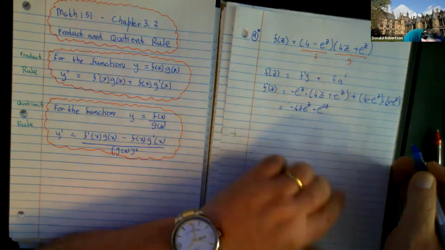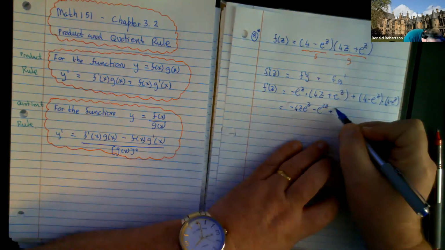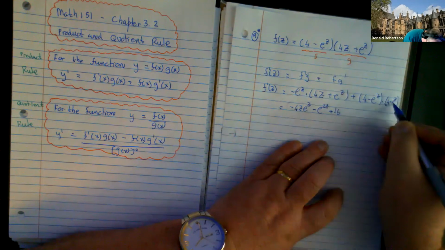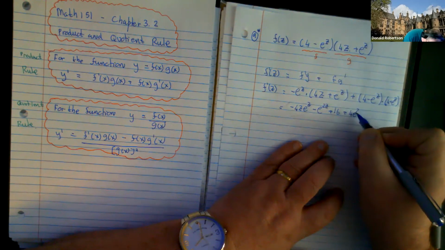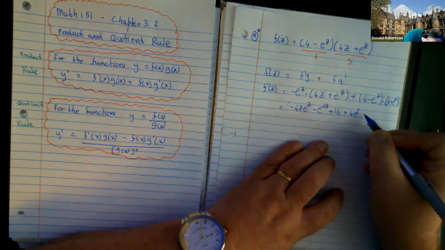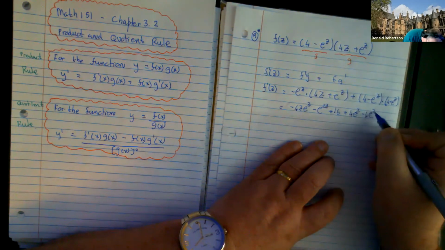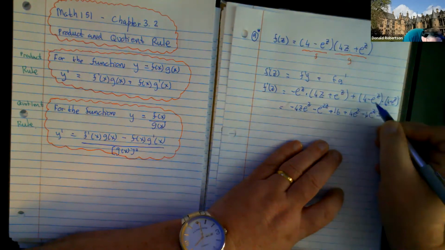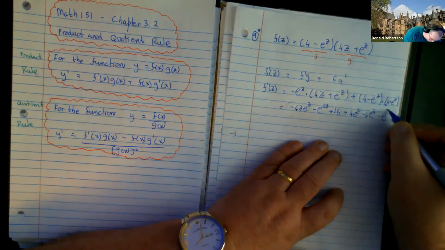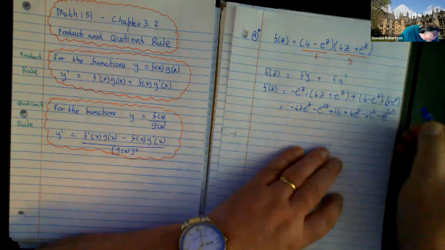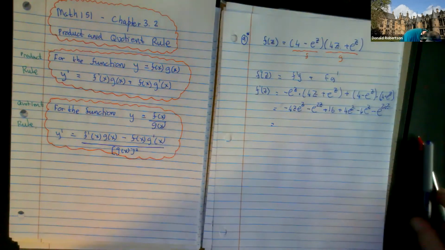This guy here is going by FOIL, so that's 16 plus 4e to the Z, take away 4e to the Z, and that guy times that guy gets you negative e to 2Z again. Anything interesting going on?